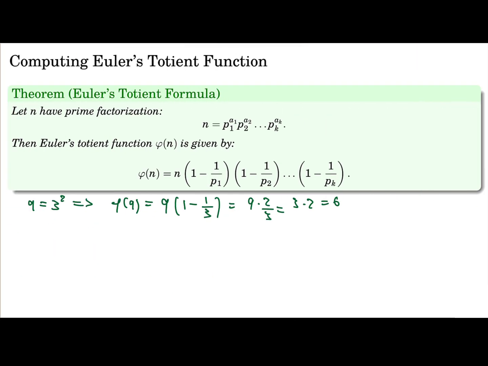Let's say, for example, take the number 1000. If you factor this, it will be 2 cubed times 5 cubed.